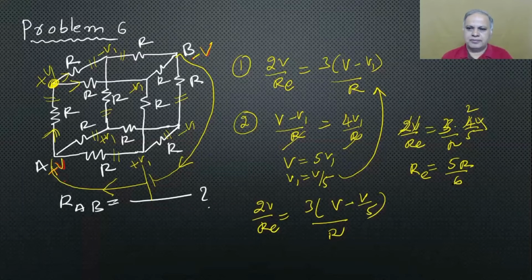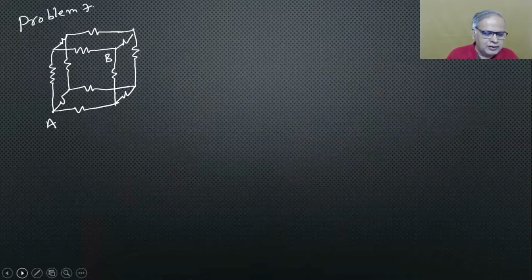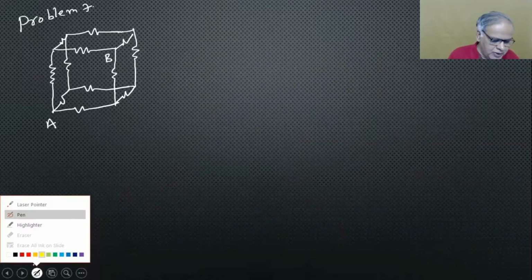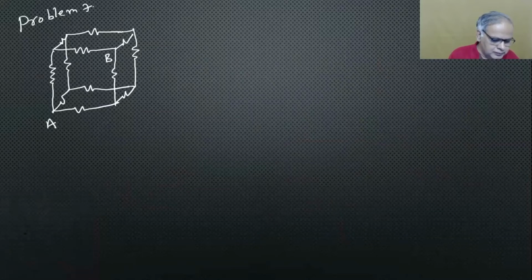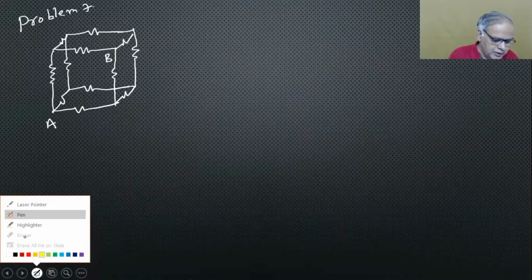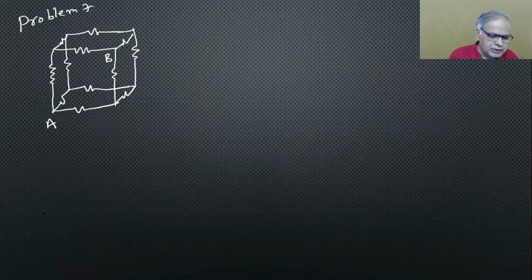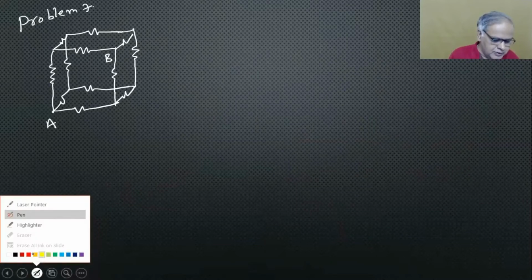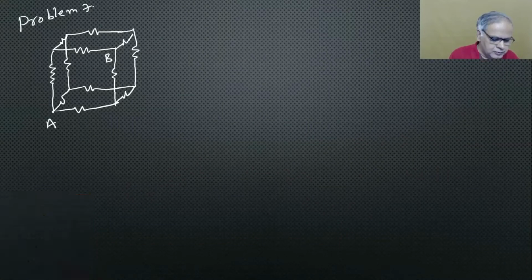Okay, now, the same thing, how could I do in some other way? Look at this. I'll go for the next slide. It's not problem 7. Let us say it is the same problem continues, problem 6.